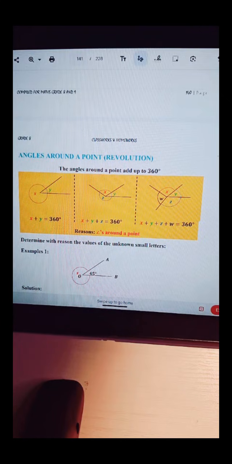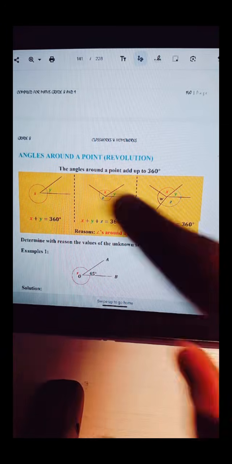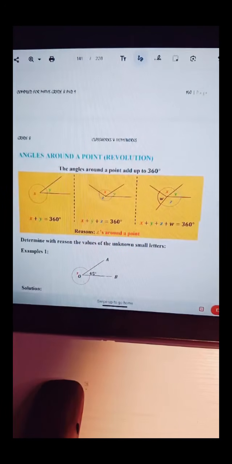Now let's look at angles around a point. Okay, angles around a point, what's that? Angles around a point means a revolution. Angles around a point add up to 360.